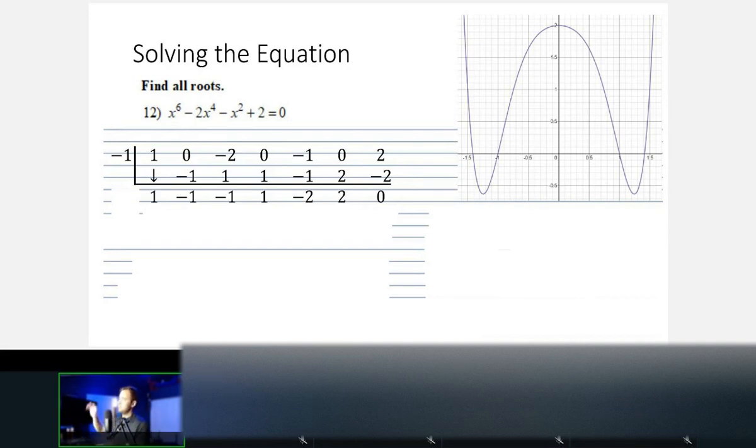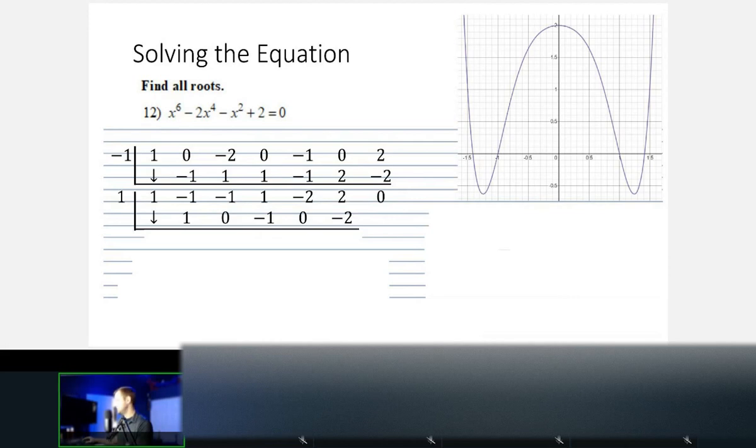So one way that we can do synthetic division is, remember, we can keep daisy chaining them. We can keep stacking them, right? Rather than just writing them over again. So that's what I did. I just did it again, but this time with 1. I personally like stacking them like this.